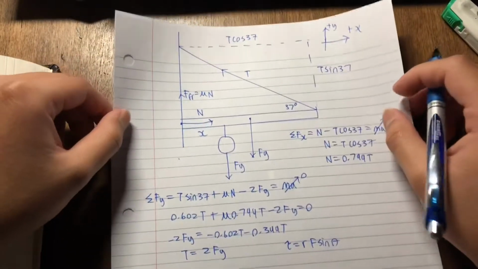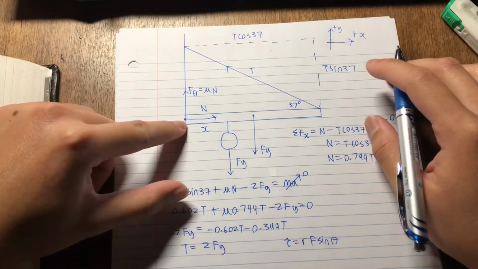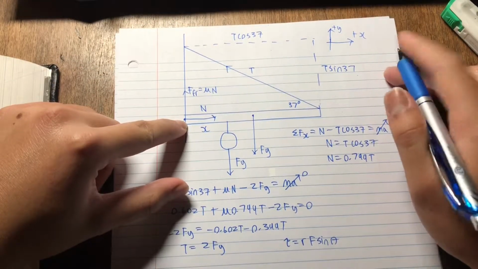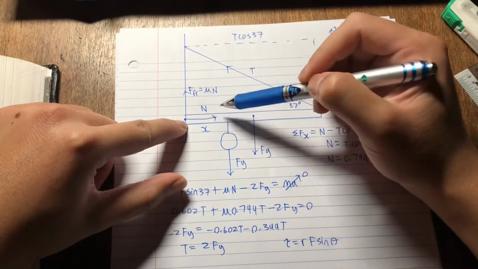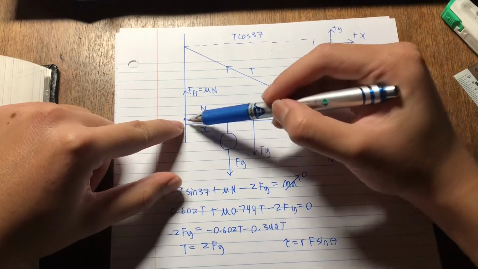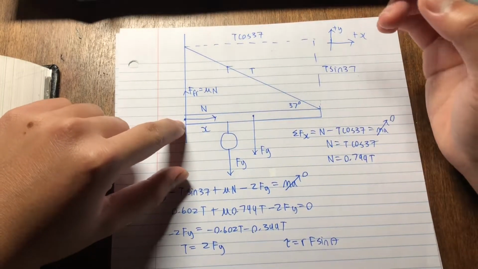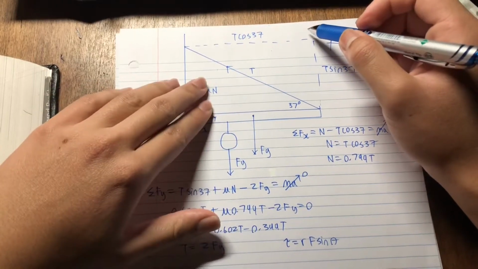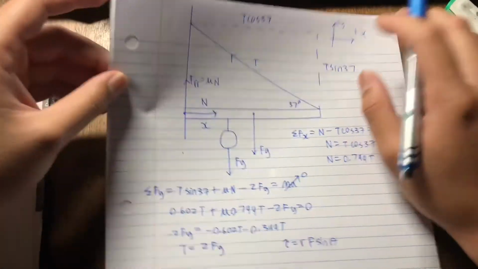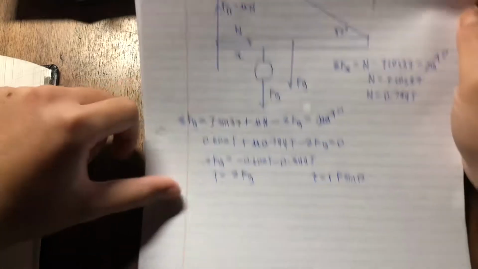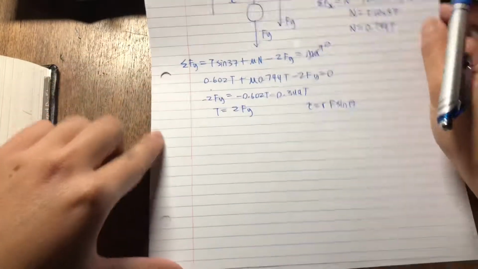Another really crucial point is that you sum up your torques right here. This way you don't have to deal with the frictional force or normal force, since if you make this your axis of rotation, you don't have to worry about any of that, which makes solving this problem a lot easier. So let's use that as our axis or point of rotation.